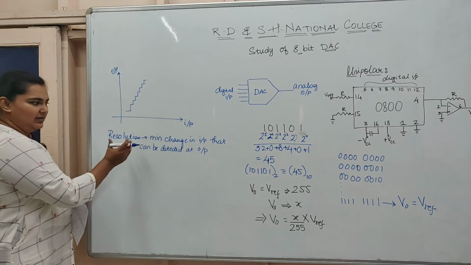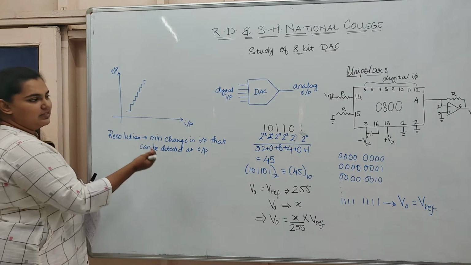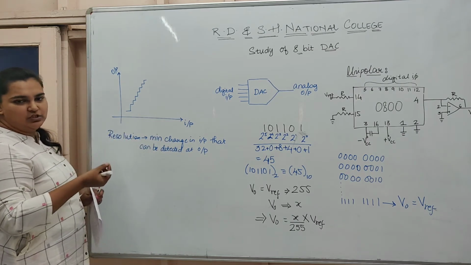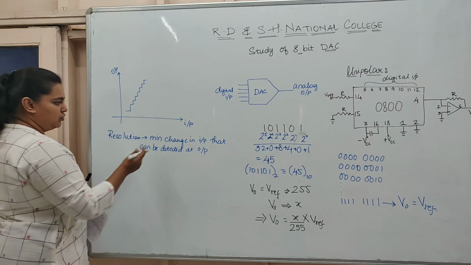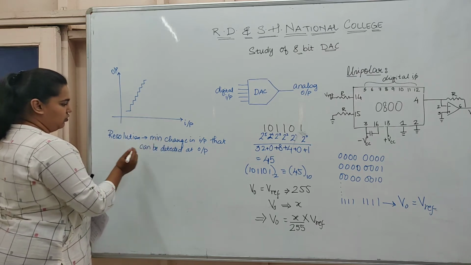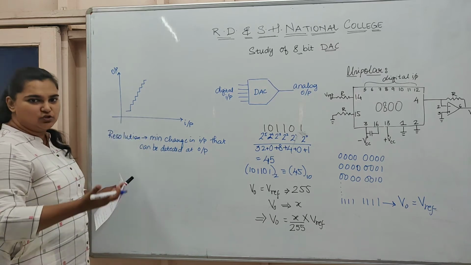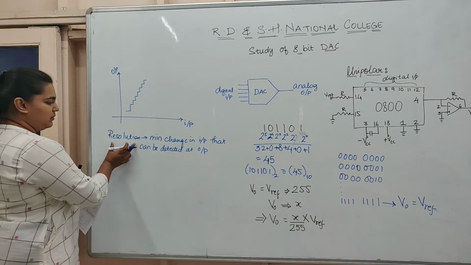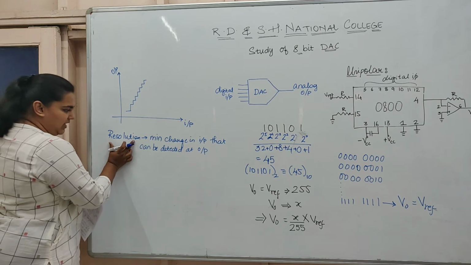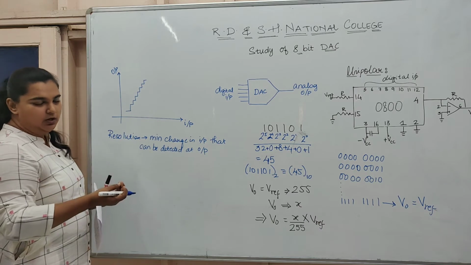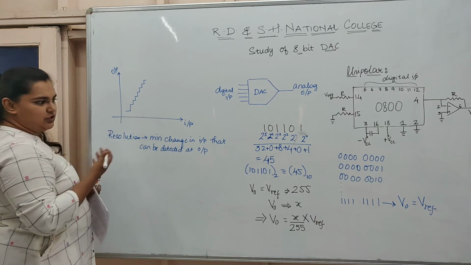So the higher the resolution, the smaller the input changes we can verify. So better resolution will give you a graph which will be closer to the actual graph. That is why always try and make your DAC in such a way that the resolution is very small. That will give you better output changes.